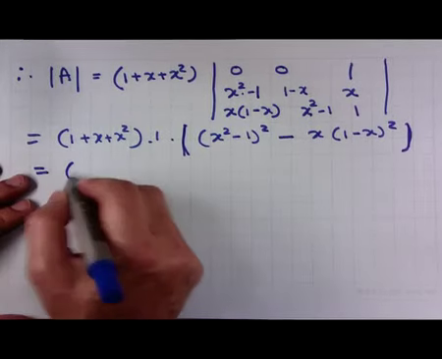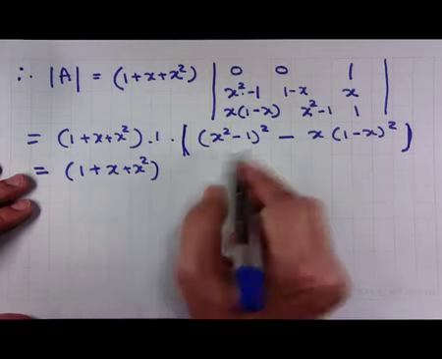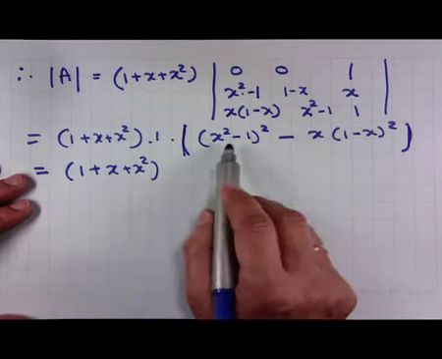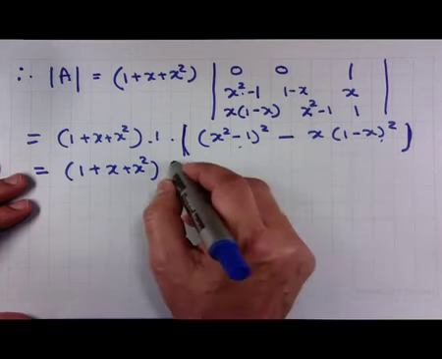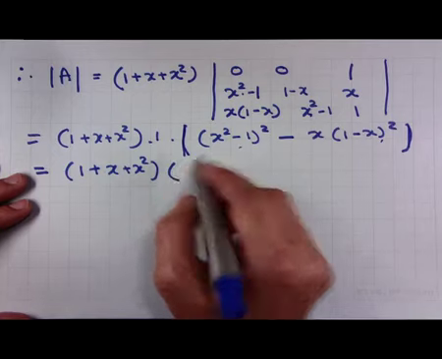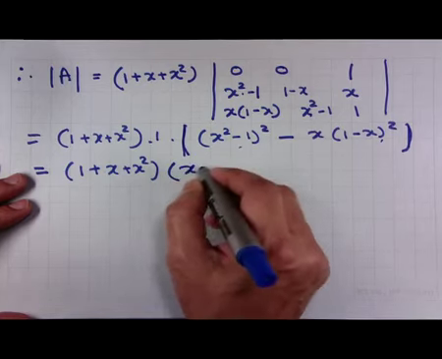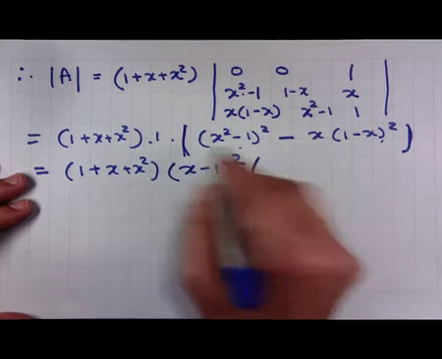This is equal to 1 plus x square. Now, I can take x minus 1 whole square common from both the terms. So, let me write it as, then what is left here?